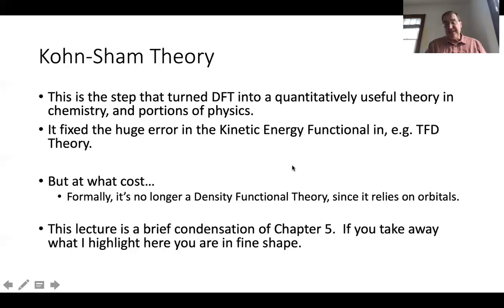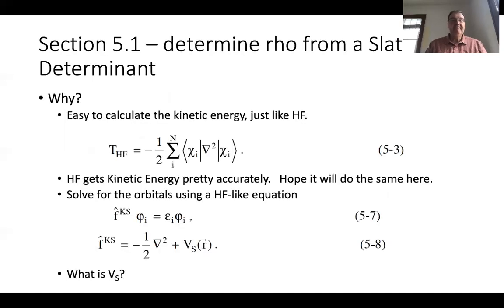So you're not going to do that for DNA. You're going to do it for small pieces. Nevertheless, the theory is accurate enough and fast enough compared to wave function theory that it allows us to treat much larger systems. And as I said before, this is a condensation of chapter 5. If you take away what I say here, I think you're going to be in fine shape.